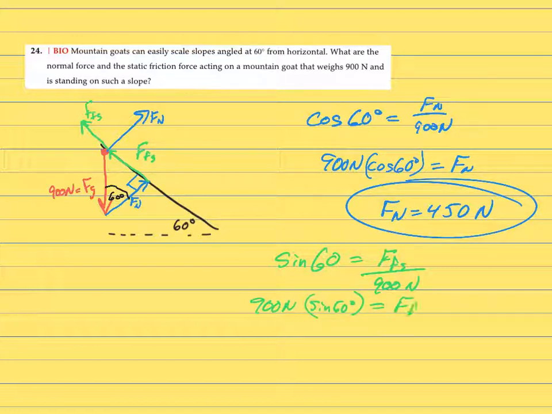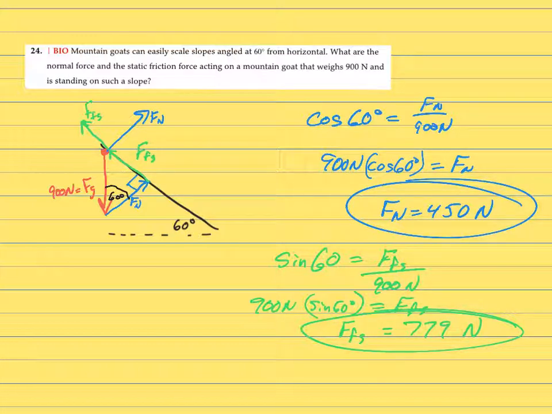And that's force friction static. And 900 multiplied by the sine of 60 gives me a bigger number. And that's about 779. I probably should have written down 780, but 779.